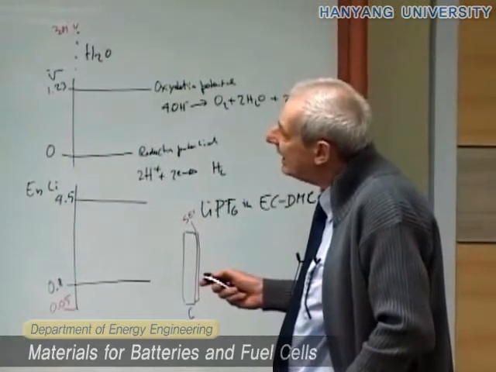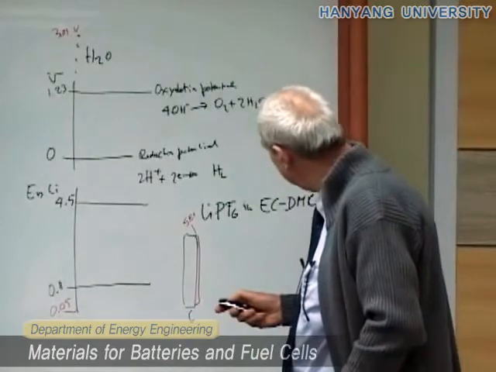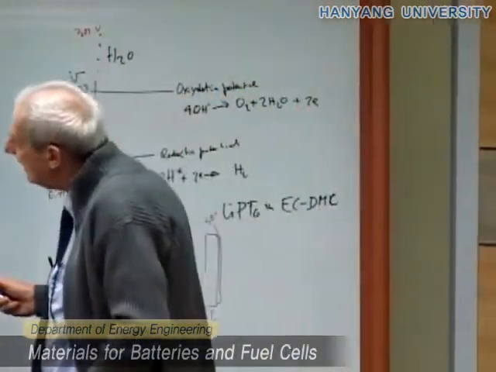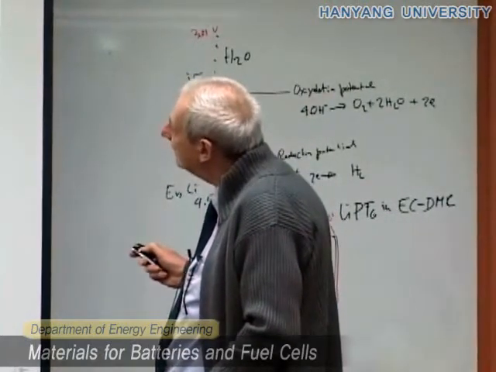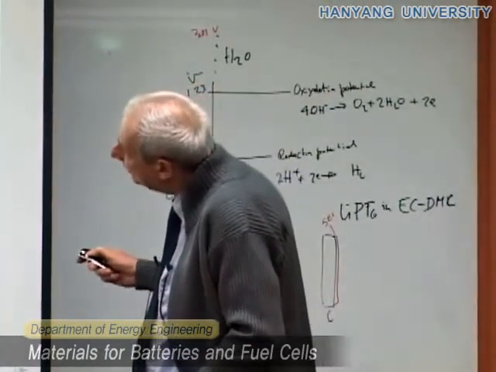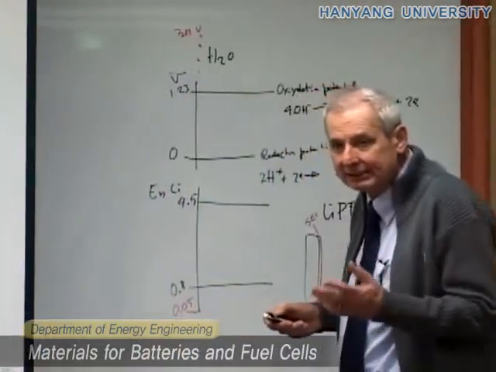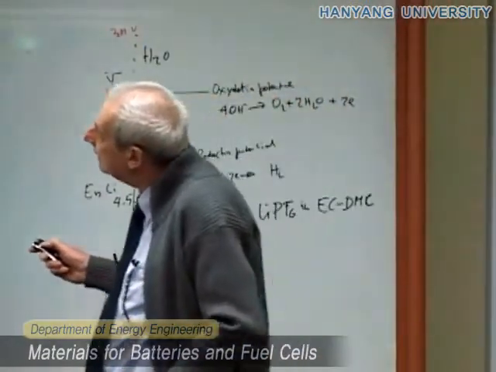So let's see now how a typical charge-discharge curve in the case of graphite develops. So this is the voltage versus lithium. Remember that the graphite is now tested in a half cell using lithium as a counter electrode.